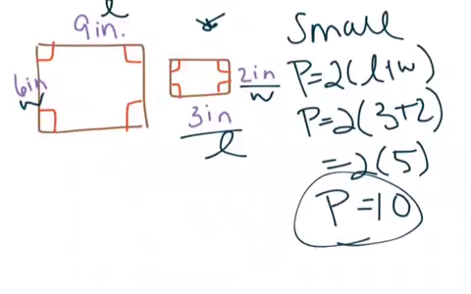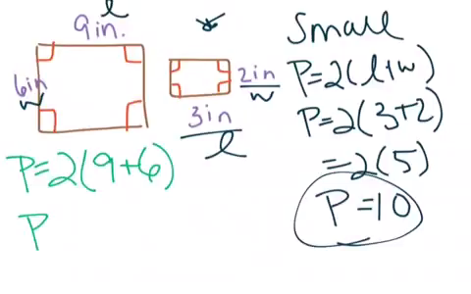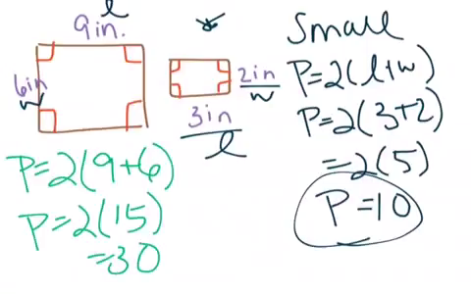So our large one over here. We're going to have the same thing here. Perimeter equals 2 and then length plus width. Our length is 9. Our width is 6. Okay? So our perimeter is going to be 2 times 15, which is going to be 30. So the perimeter of this large rectangle is 30 inches. And the small one is going to be 10.